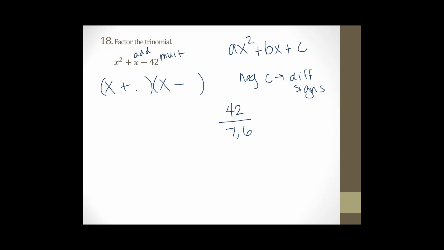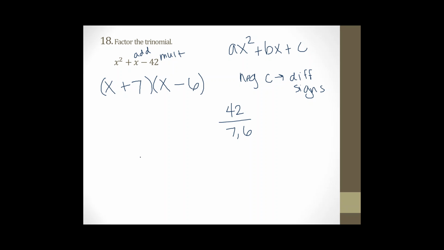And we already have here that one of them needs to be a negative number. So when C is negative, you have different signs. And then if B is positive, which it is in this case, the larger factor takes the positive sign. So it'll be positive 7 and negative 6.